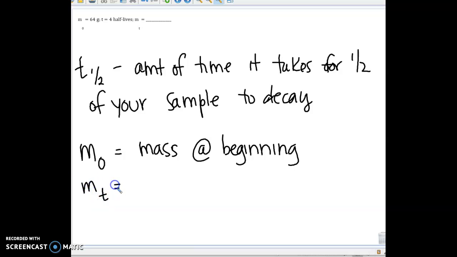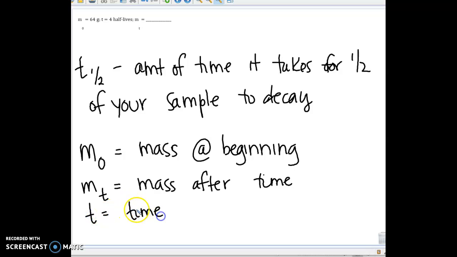M sub t is the mass after some period of time has gone by. Time is that amount of time, how much time has elapsed. And then, of course, T sub 1/2 is the half-life of that particular substance. Okay, so these are your different terms.